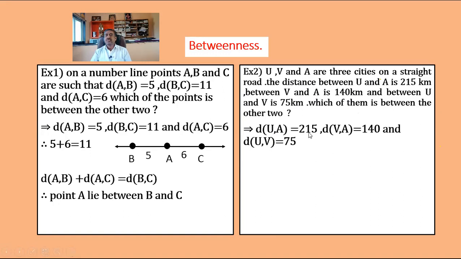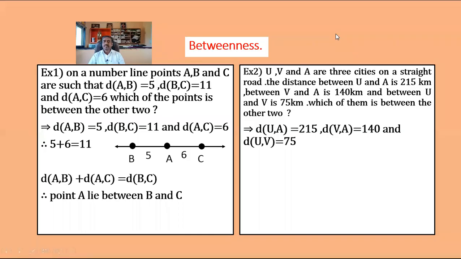Distance UA is equal to 215 kilometers, distance VA is equal to 140 kilometers, and distance UV is equal to 75 kilometers. The greater number is 215 and the smaller two numbers are 75 and 140. The sum of the smaller two numbers, 75 plus 140, is equal to 215.